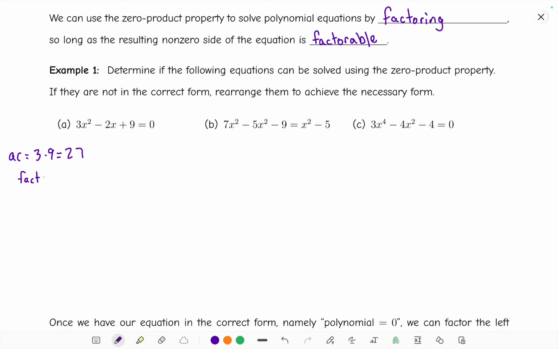The factor pairs, I need negative, negative. So we get negative 1, negative 27, negative 3, negative 9, and that's it. None of those add up to negative 2, so this is not factorable.